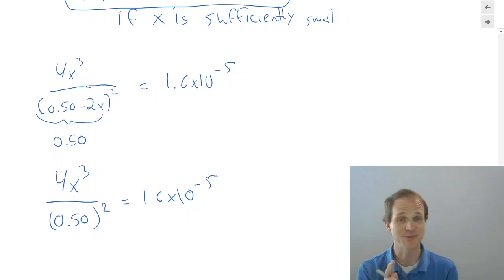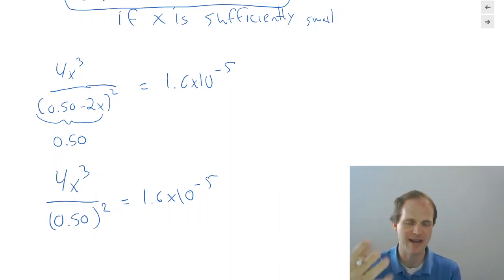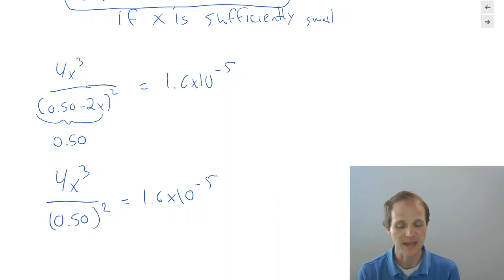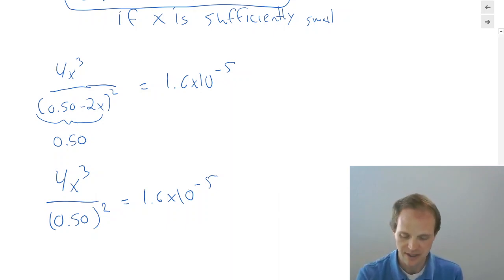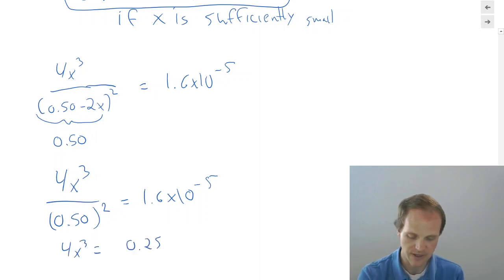Sorry about that. See, it's really easy to make little mistakes, and these powers, most common mistake in these kind of problems is just powers disappearing, powers changing as you go along, because it's really easy, right? You're cubing things, you're squaring things, and you accidentally cube or square the wrong thing. So pay attention to that as you go. So I just square 0.5, I get 0.25, and so I get 4x cubed is equal to 0.25 times 1.6 times 10 to the minus fifth.